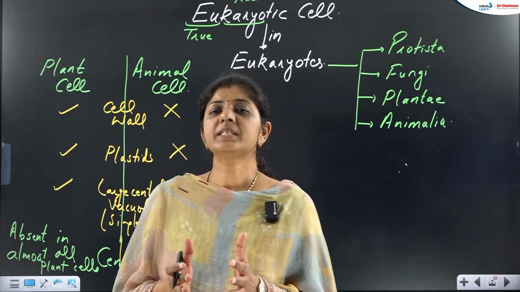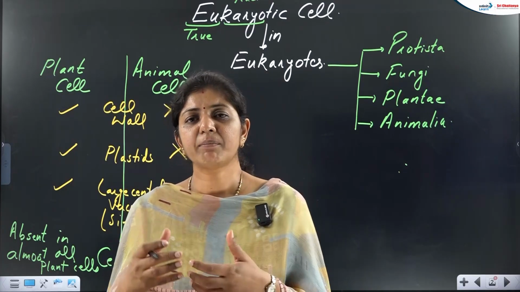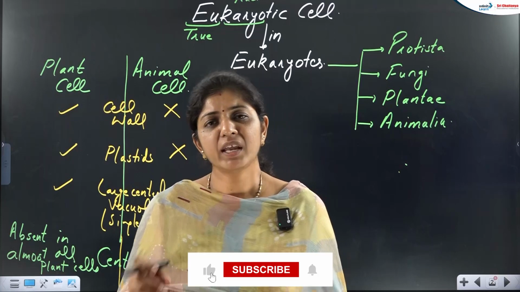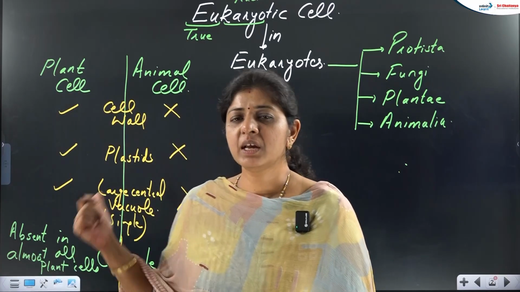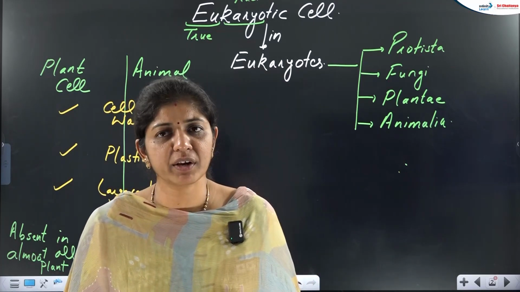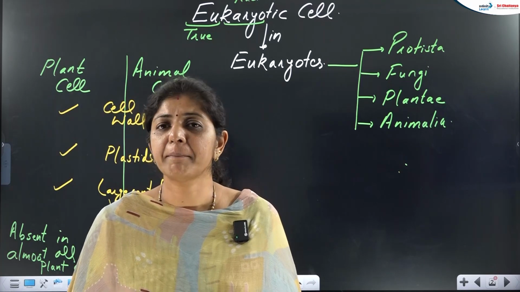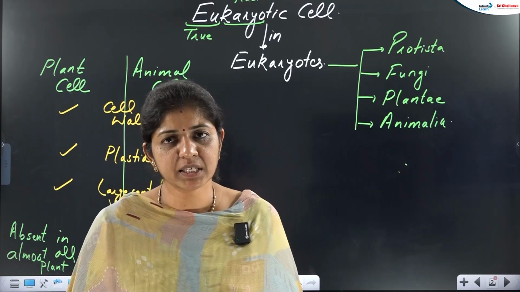The eukaryotic cell has compartmentalization, means work happens in individual organelles within their membranes. Very few will be membraneless. Like I have written, centrioles are membraneless cell organelles. But if I take ribosomes, even this is a membraneless cell organelle present in both plant cell and animal cell.